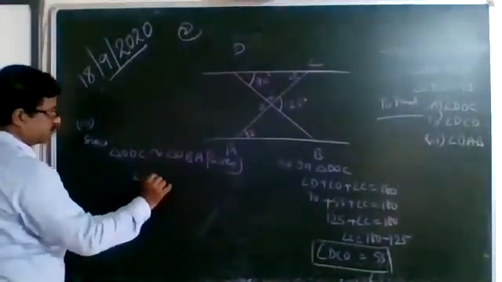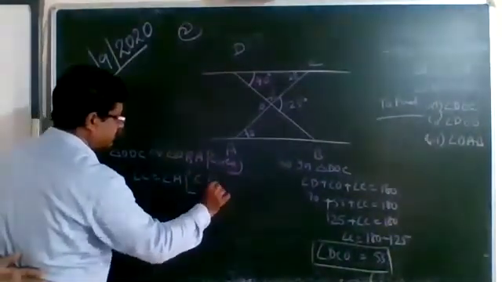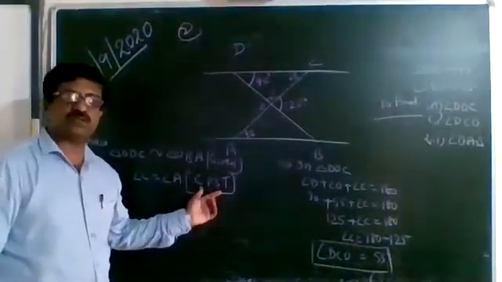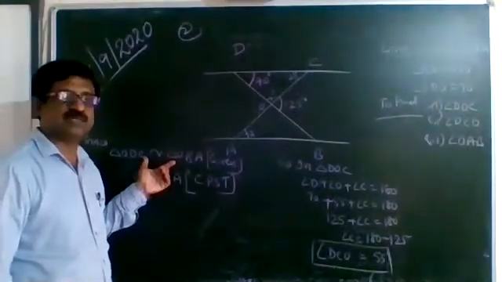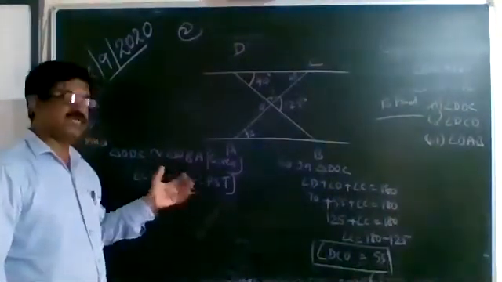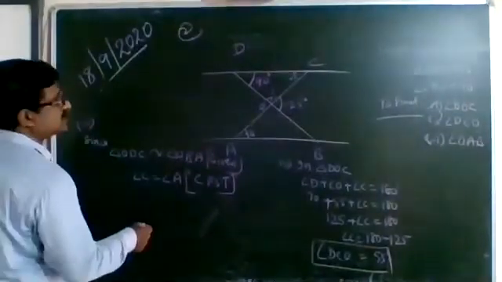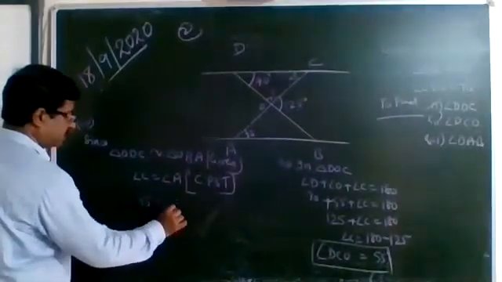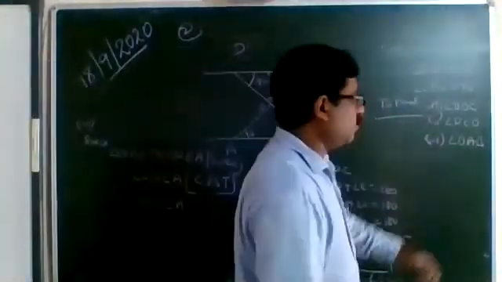Angle C equals angle A because of CPST. And CPST can be used only if the triangles are similar. Already it is given the triangles are similar. Directly here C and A are equal, by CPST. Put the values now. C is actually 55 degrees, we have calculated already. A, that is angle OAB, will also be 55.